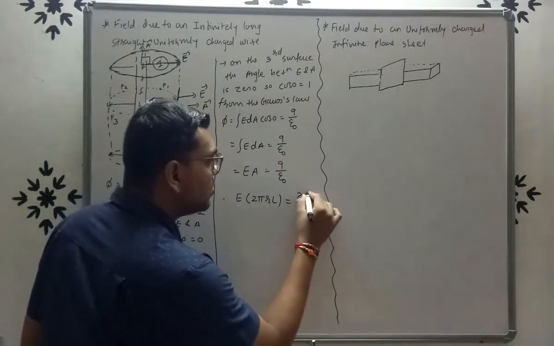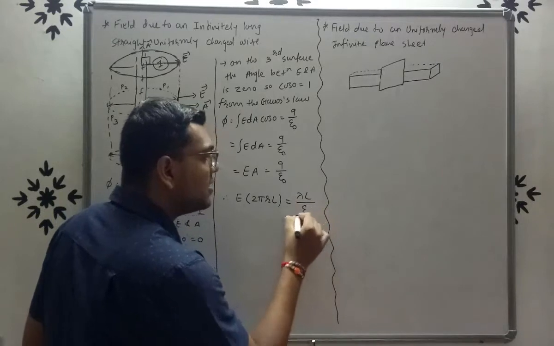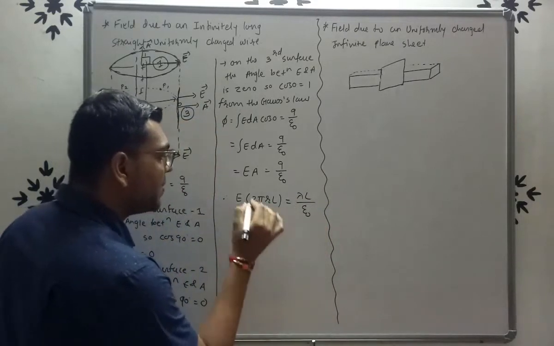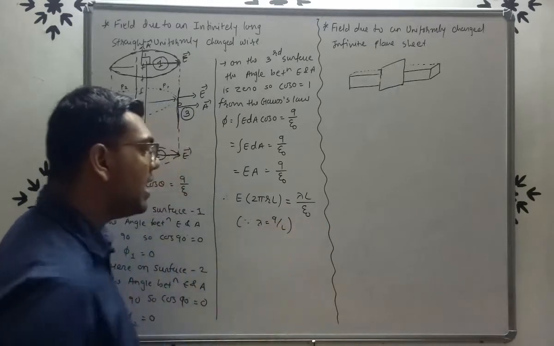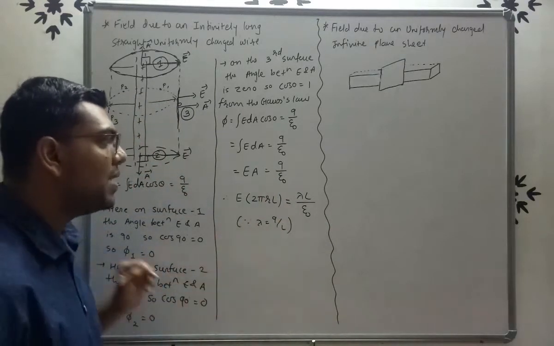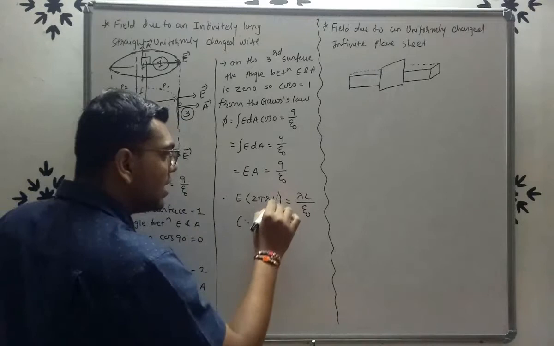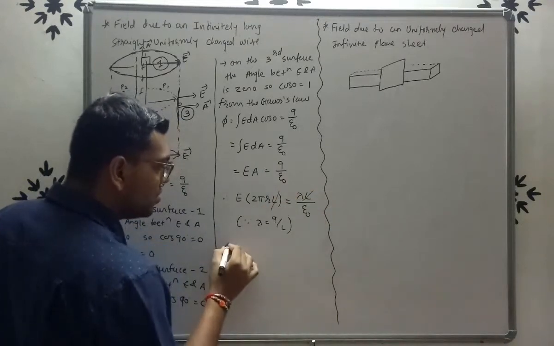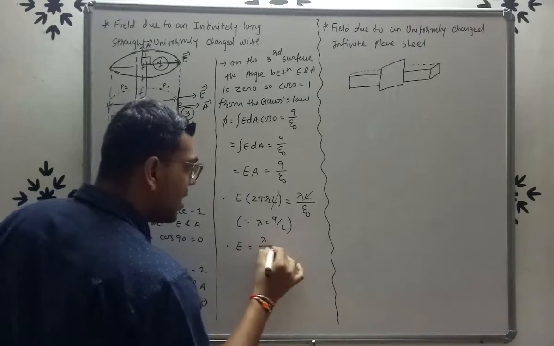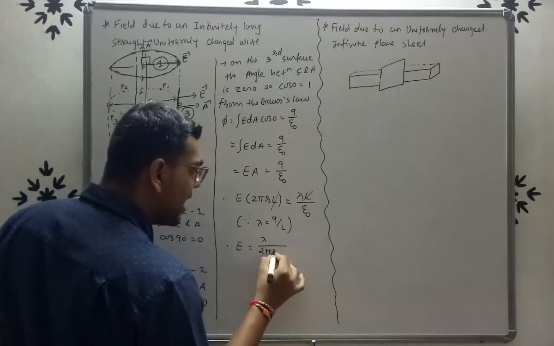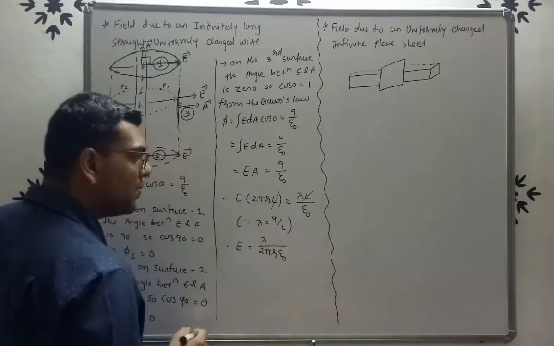Q is equal to lambda L, because we know that linear charge density lambda is equal to Q by L. So here L cancels. So we find the electric field E is equal to lambda upon 2 pi R epsilon 0.